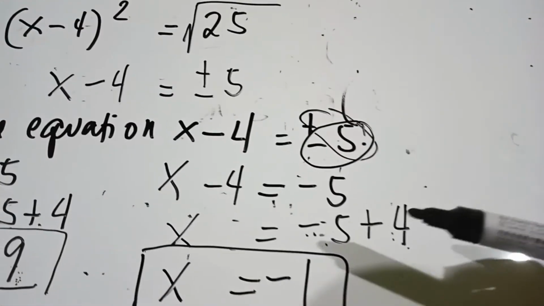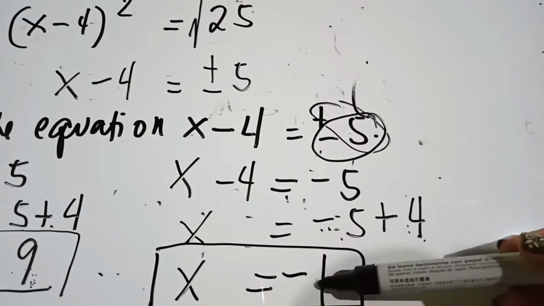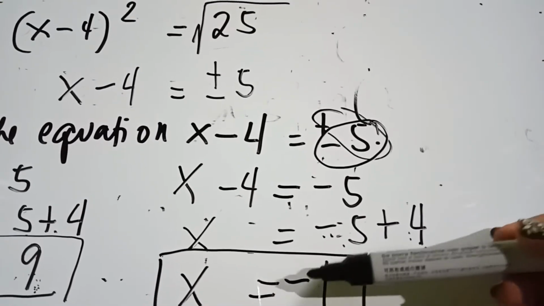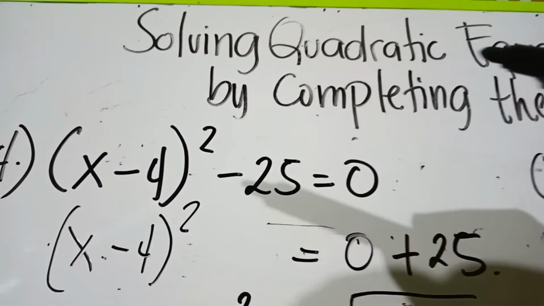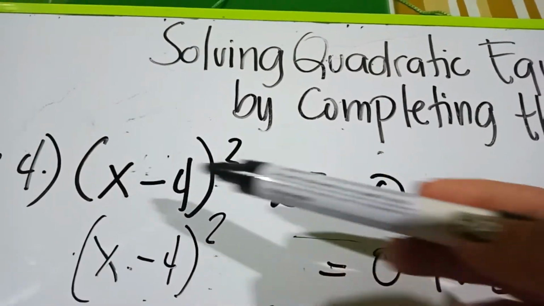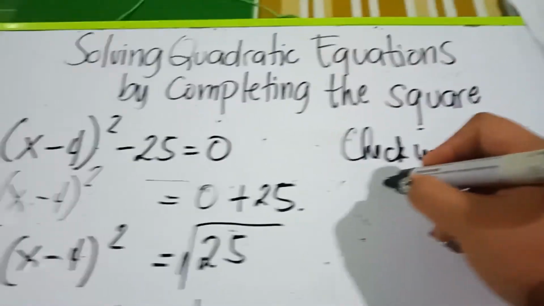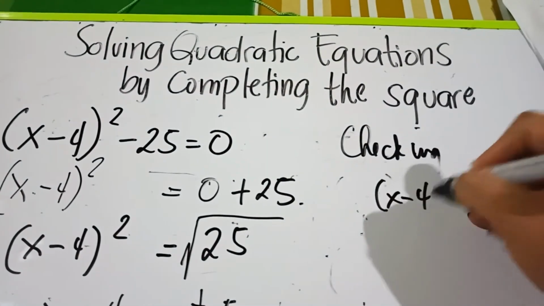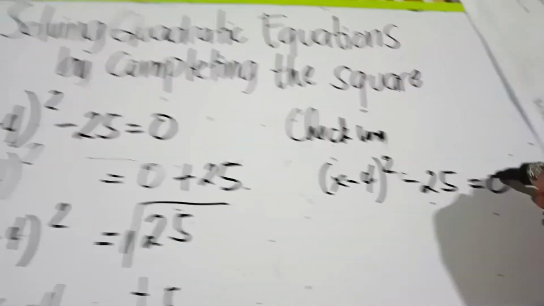Ngayon, i-check naman natin kung ang negative 1 ba is part of the solution or not. Kapag sinubstitute ba natin si negative 1 sa given quadratic equation natin, magiging 0 kaya? So, let's solve this one. x minus 4 squared minus 25 is equal to 0.